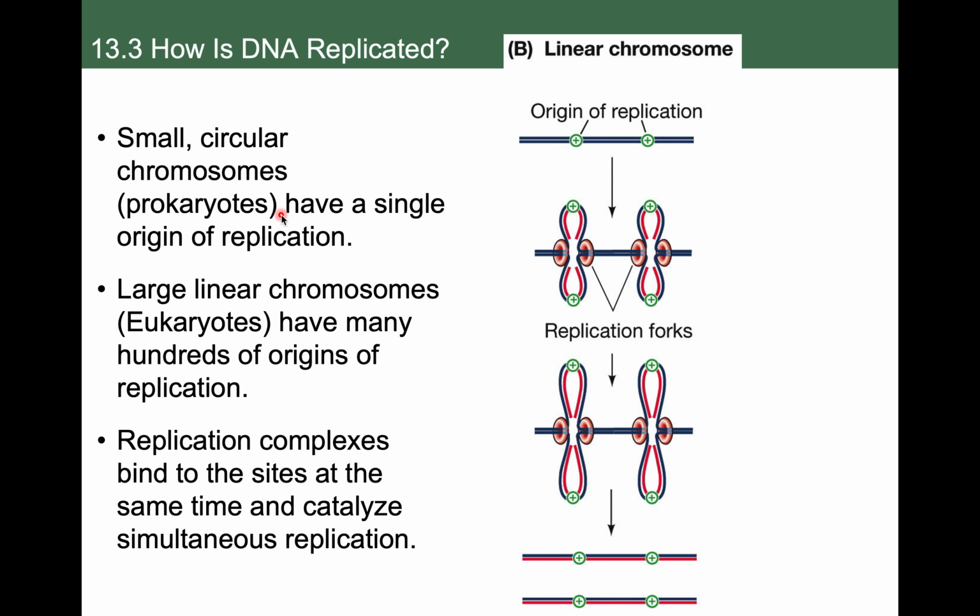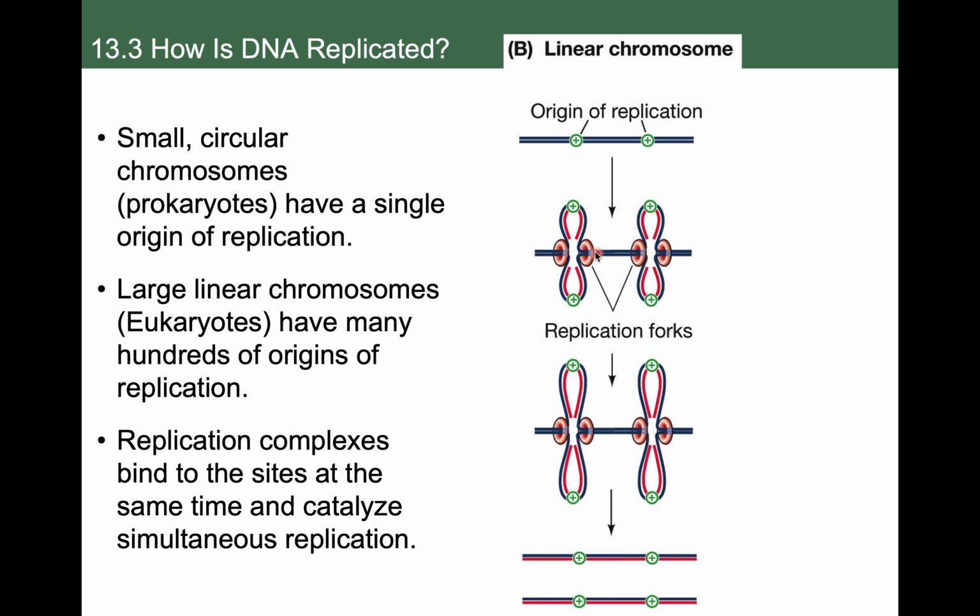and we'd replicated the whole chromosome. In eukaryotes, like our own cells, because we have very large linear chromosomes, right, 46 linear chromosomes in each one of our cells, it would just be too inefficient to try to replicate the whole deal with just one origin of replication per chromosome. So every one of our chromosomes has hundreds of origins of replication.